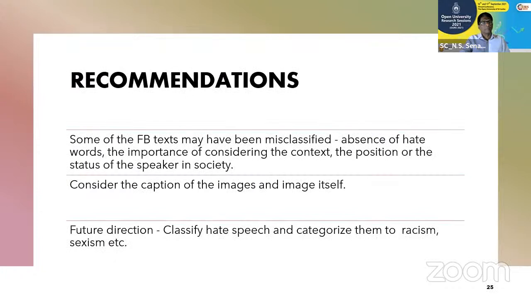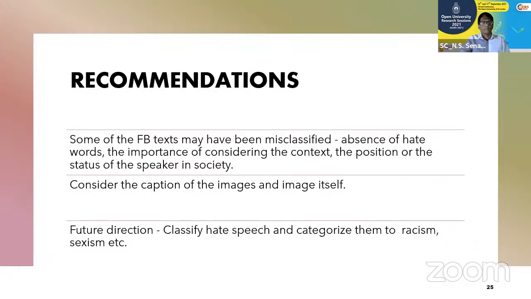Some of the Facebook text may have been misclassified due to reasons such as the absence of hate words, the importance of considering the context, and the status of the speaker in society. Finally, there are many features we have not considered when identifying hate content, such as captions of images and the image itself.